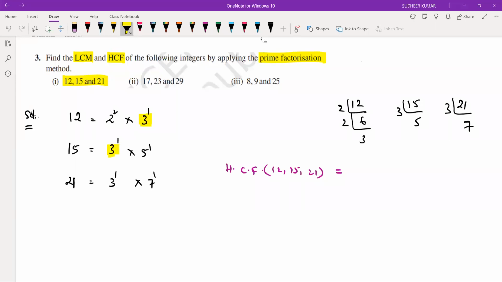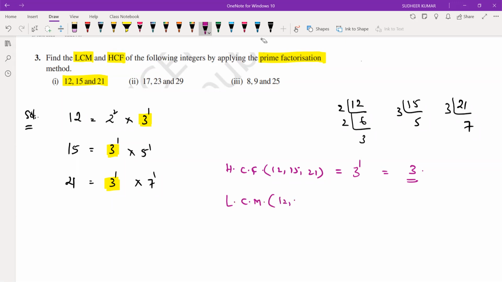When it is HCF, we have to take the least power among these three. The common base is 3, and the least power of 3 is 1. So the HCF of these three numbers is 3. That's it. Clear? Next, go to LCM.